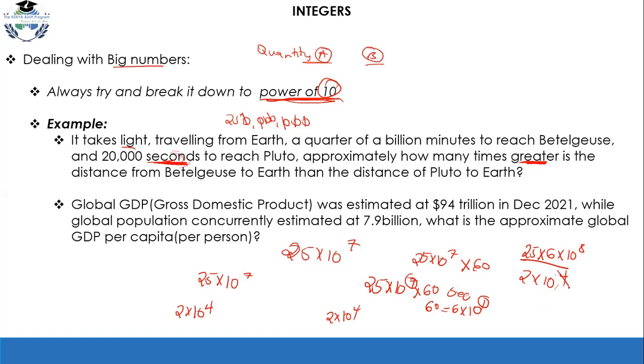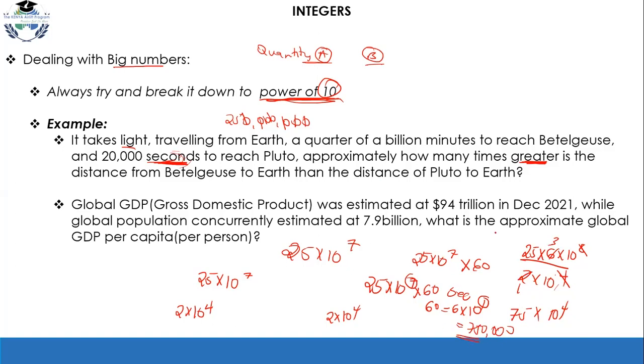So the 4 zeros cancel out, and it's going to be 10 power 4 left. And then 25 times 6 over 2, which is 25 times 3, gives you 75, so 75 times 10 power 4, basically 750,000. So whoever found 750,000, that was the correct option.